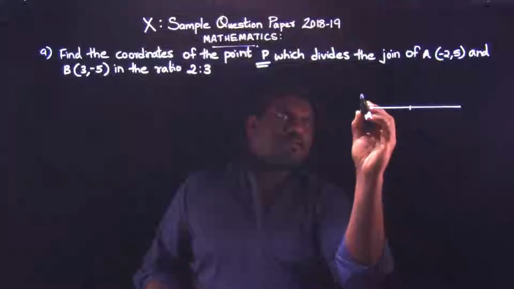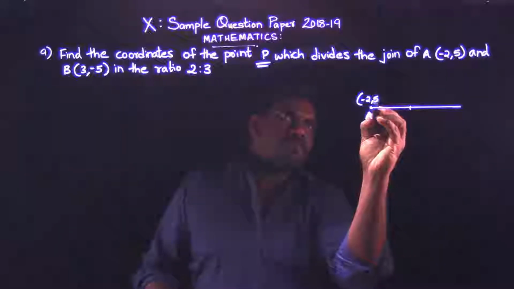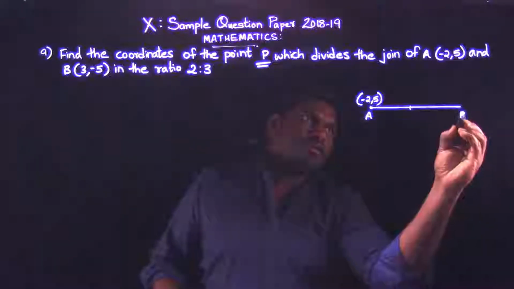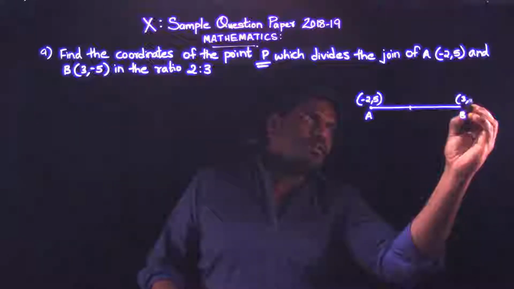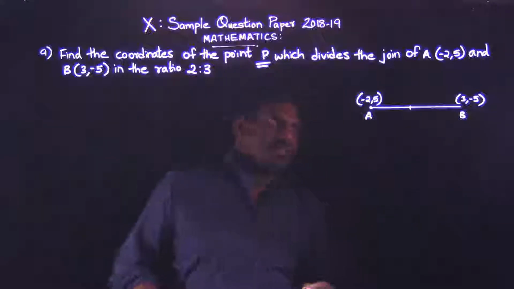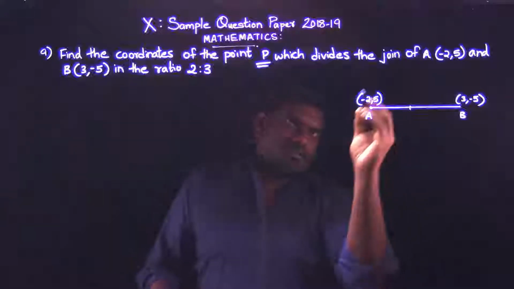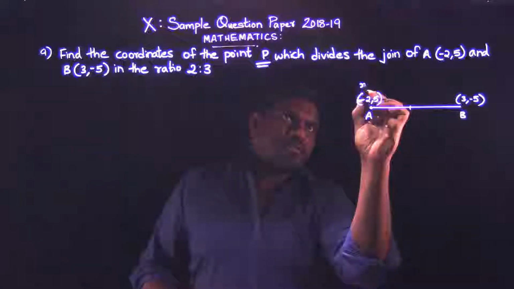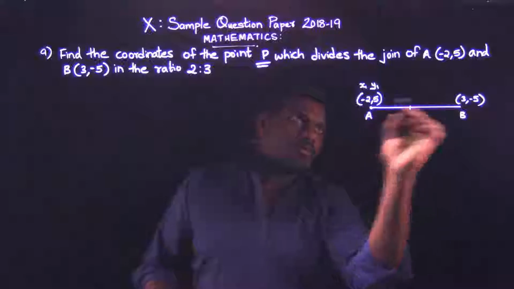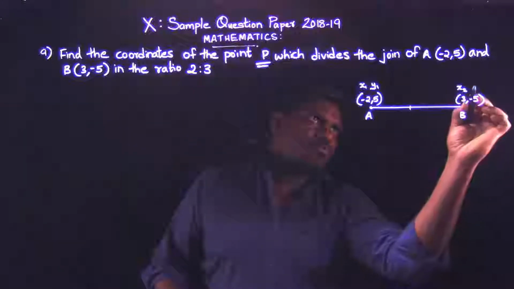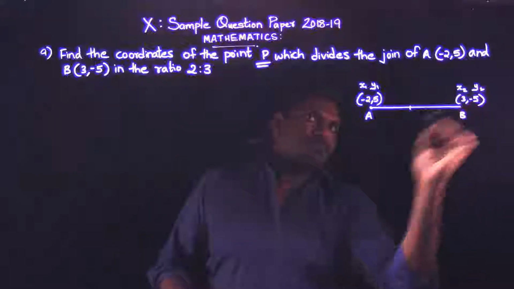What is the point A? Minus 2 and 5. B is going to be 3 and minus 5. If it was the midpoint, we would be okay, or else we already know that this is x1 and y1, and this is going to be x2 and y2. Clear?